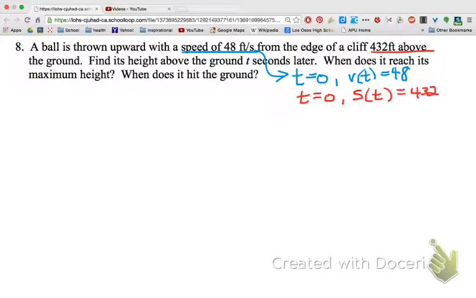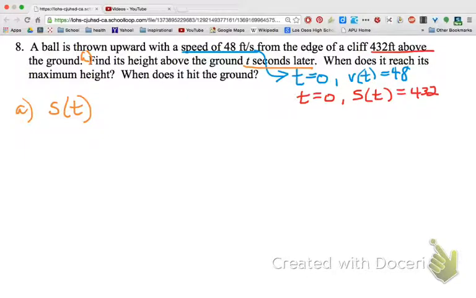So I'm going to call this one A. I'm supposed to find its height t seconds later. So it wants to know height, but height would be position. Since it says t seconds later, I know my answer is going to be in terms of t.